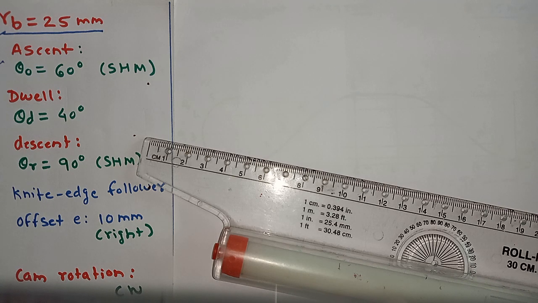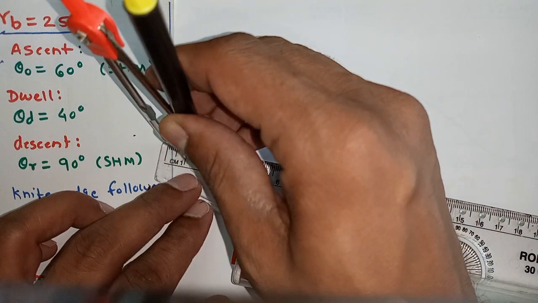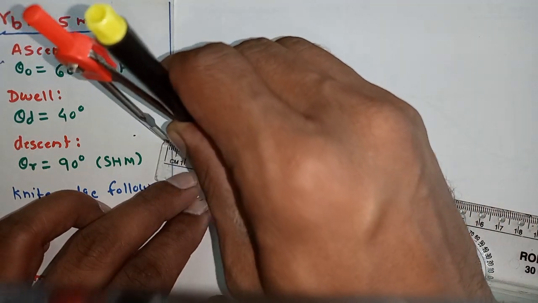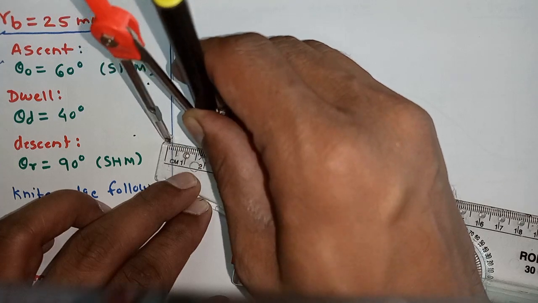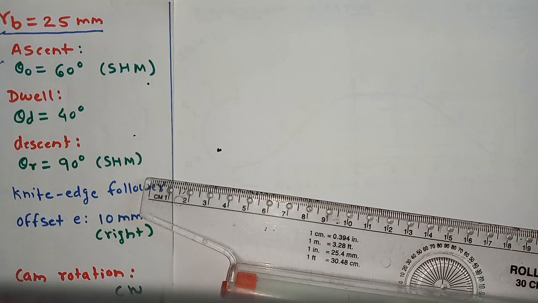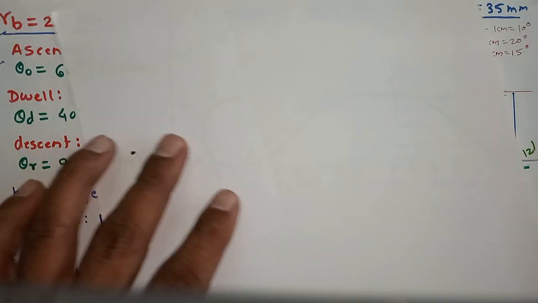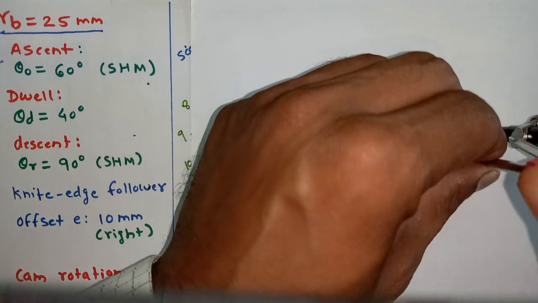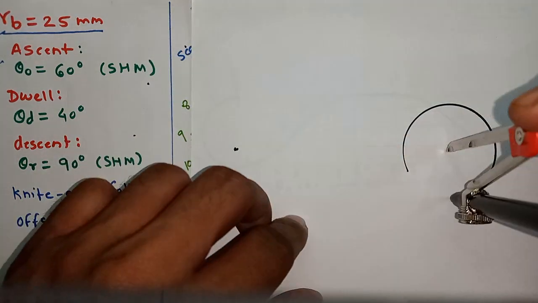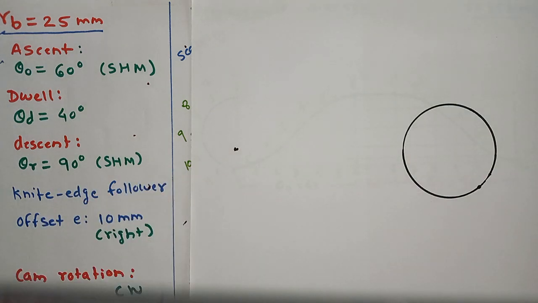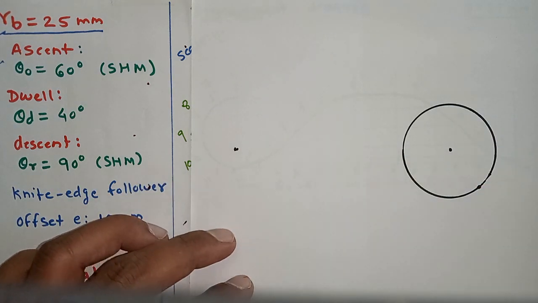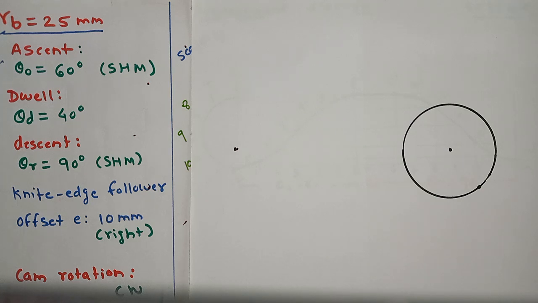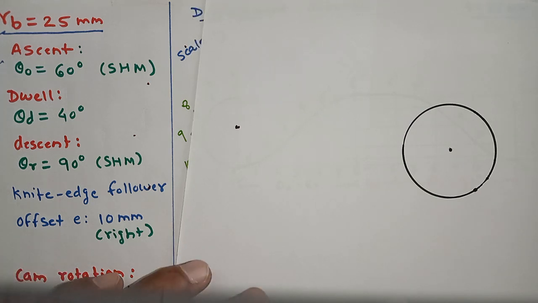Let us draw the base circle, 25 millimeters. So I have drawn the base circle whose radius is 25.